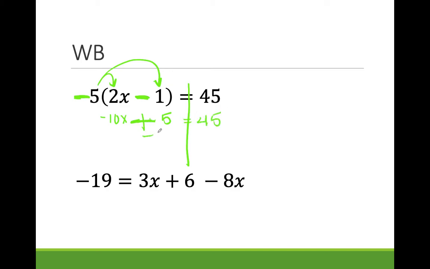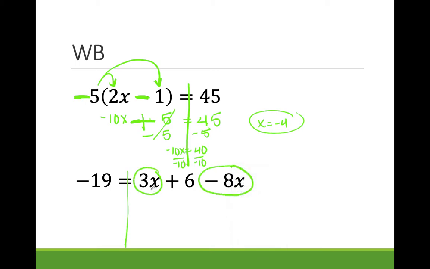So we get -5 on both sides. -10x equals 40. Divide both sides by -10, x equals -4. And for our second example, we have like terms to combine. Be careful, make sure you do 3 minus 8, not 3 plus 8.